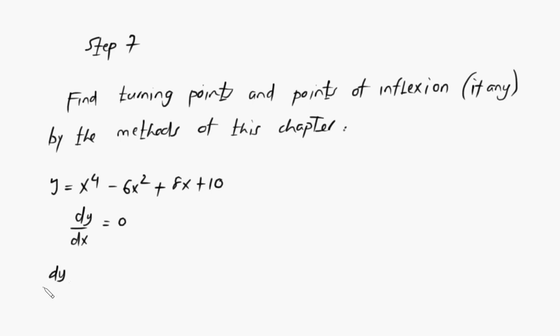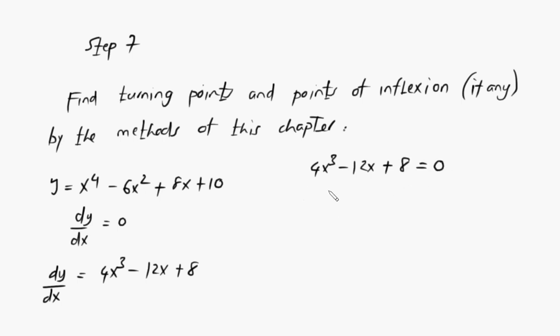So my dy/dx, just do it mentally, is 4x cubed minus 12x plus 8. I'm going to equate this to 0, so 4x cubed minus 12x plus 8 is equal to 0.